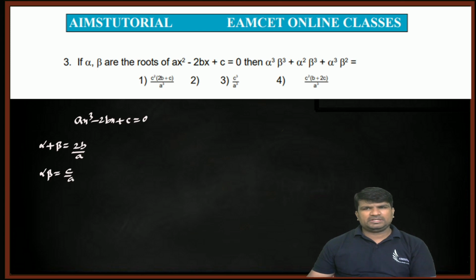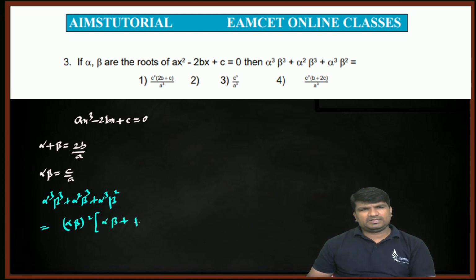Here we have to find the value of alpha cube beta cube plus alpha square beta cube plus alpha cube beta square. From this we can take alpha beta whole square common. So one more alpha plus beta remains, from here beta remains, and from here alpha remains. So this is nothing but the product of the roots, the sum of the roots and the product of the roots.